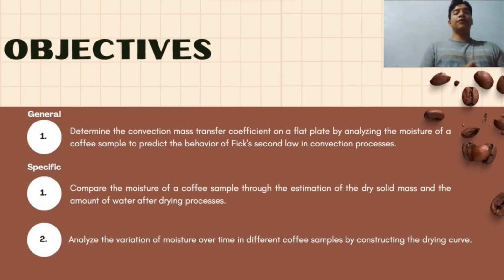Our general objective is to determine the convection mass transfer coefficient on a flat plate by analyzing the moisture of our coffee samples to predict the behavior of the falling rate period in the drying process.